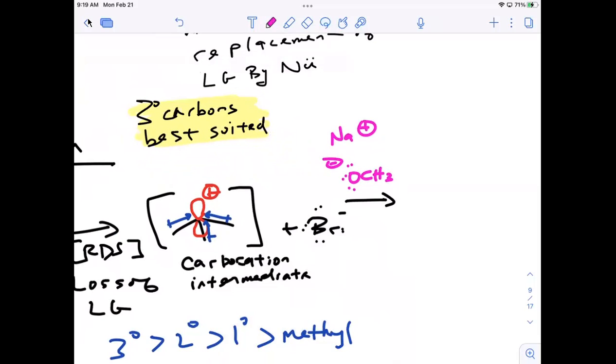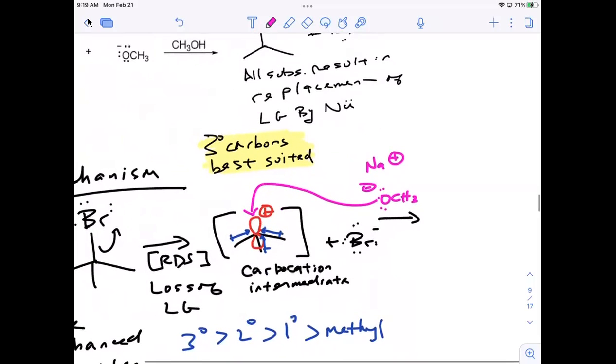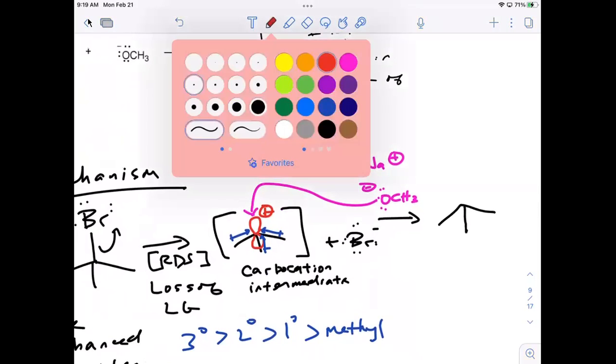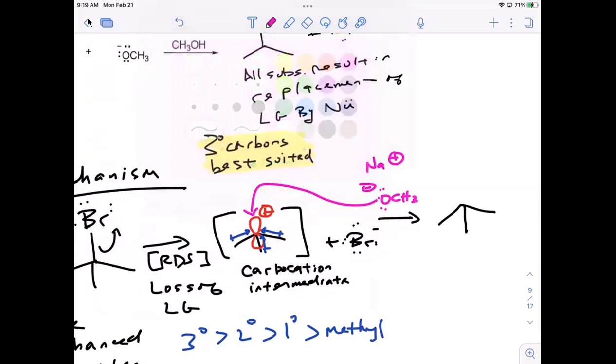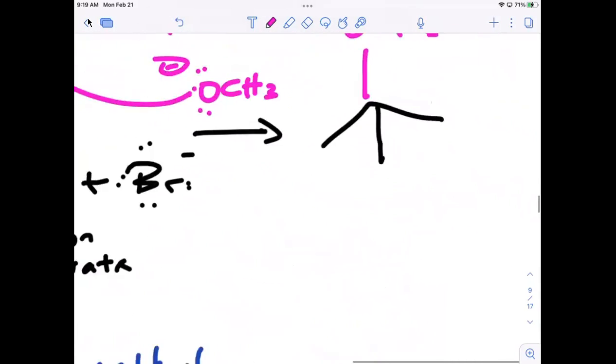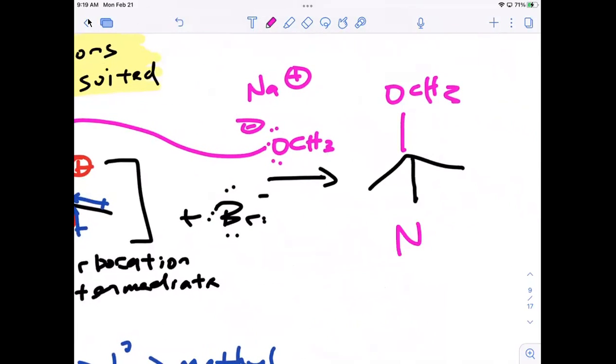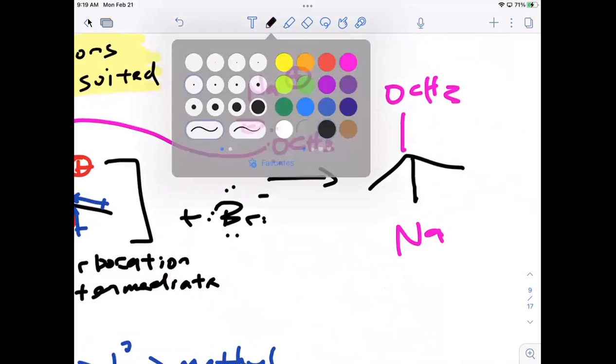Once your nucleophile attacks here, boom, you're going to end up with the substitution product here, and then NaBr.